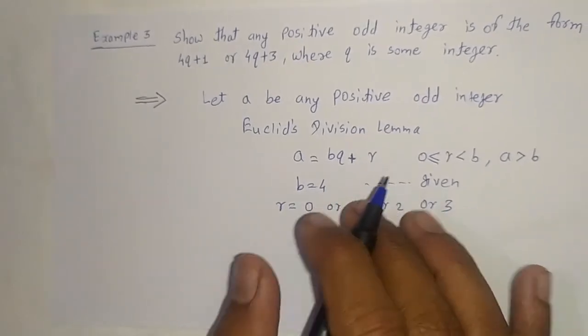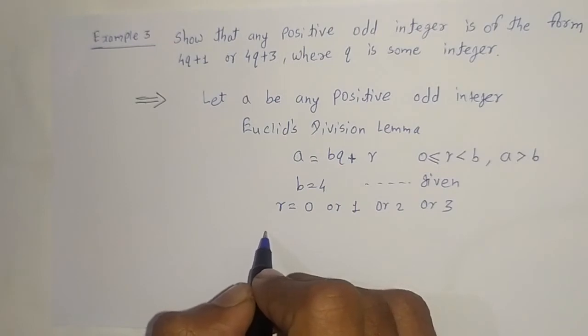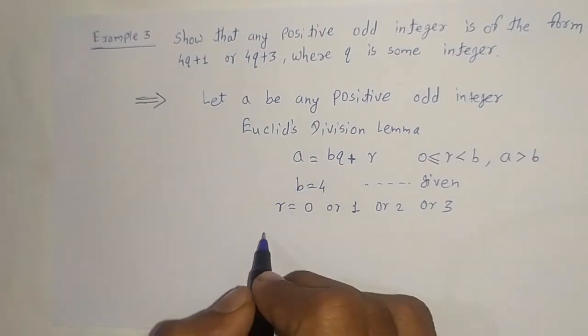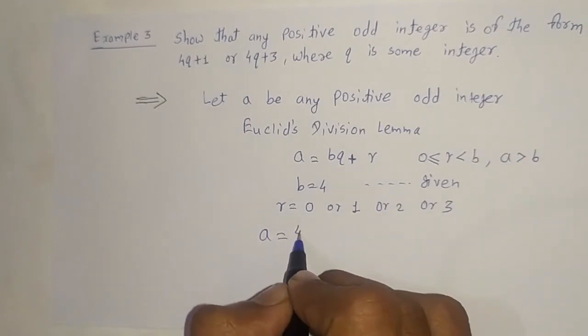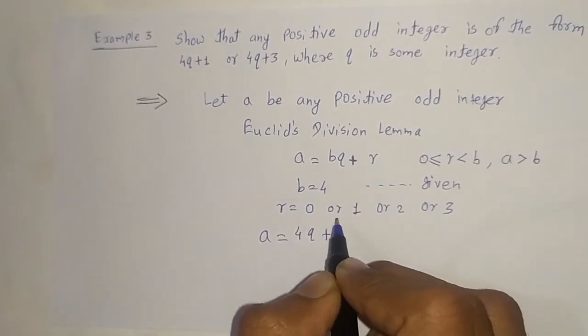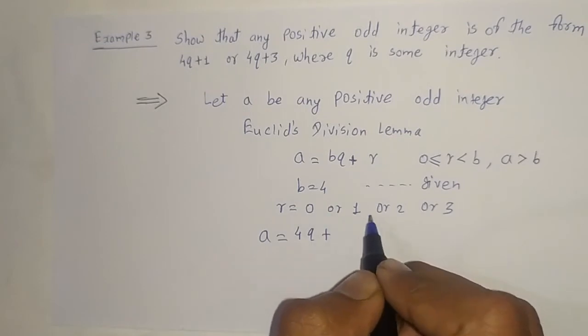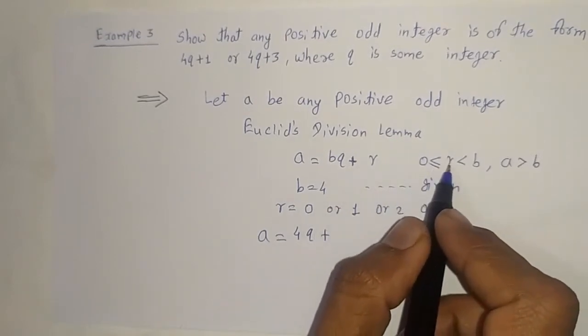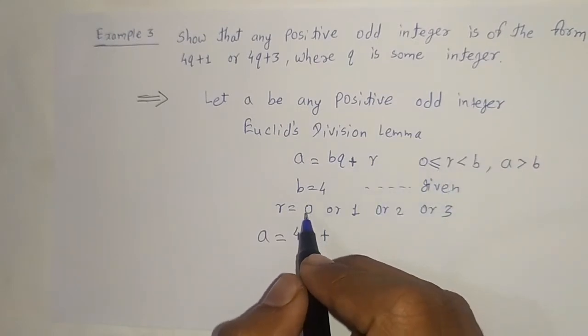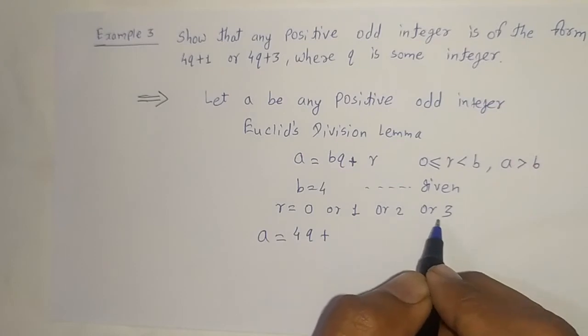Let's just see, what are the forms a can take? a equal to bq plus r, with b equal to 4, so a equal to 4q plus r. r can be 0, 1, 2 or 3. r has to be less than 4 and greater than or equal to 0. So r can take values of 0, 1, 2, 3.